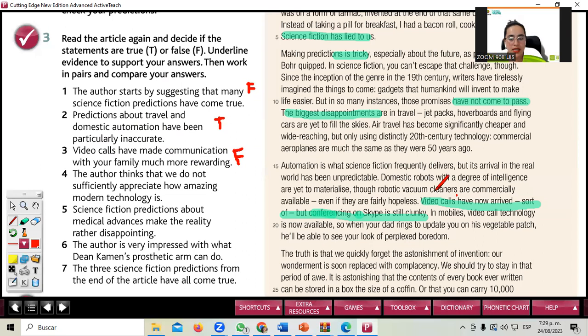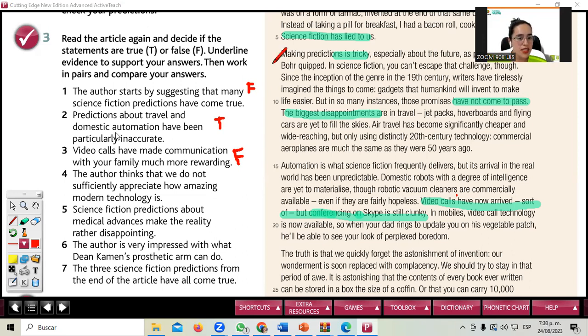No, not really. In the text, he talks about it being clunky, not very good. So, I confused it with the modern situation today. Yes, teacher. Remember, I mentioned this text is a bit old, like 10 years old. So back then we didn't have Zoom or any of this. According to the text, it was not rewarding.